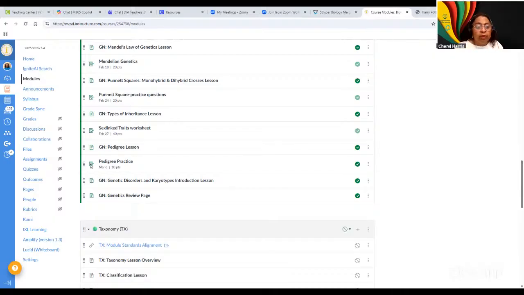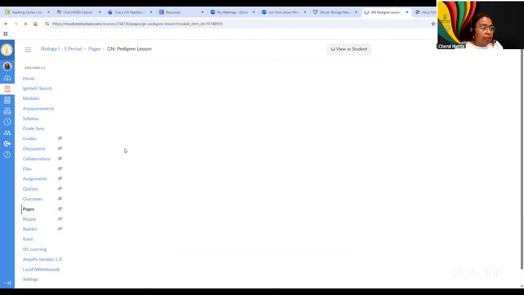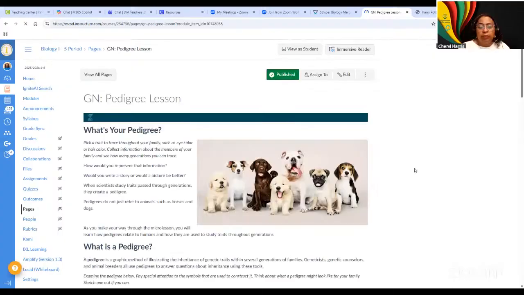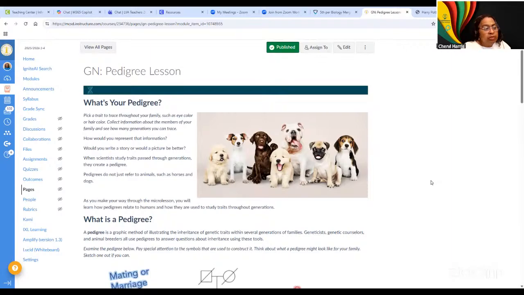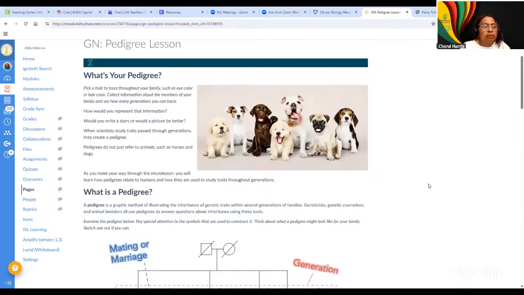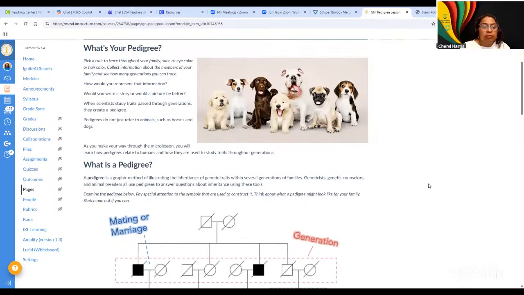All right, we're going to look at pedigree today. While we're waiting for everybody to come in, if you would go to Canvas and read over this section. All those little puppies look so cute. They're all cute until they grow up, and then they're big dogs and make big messes.